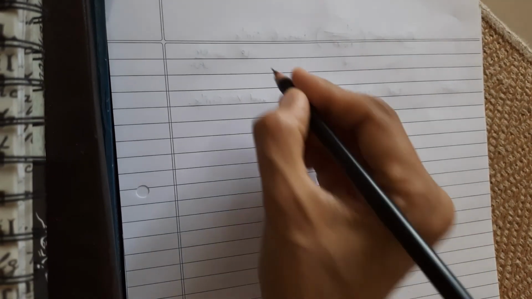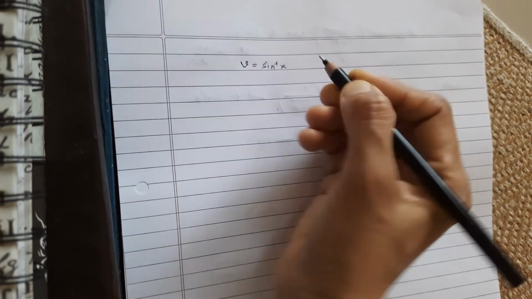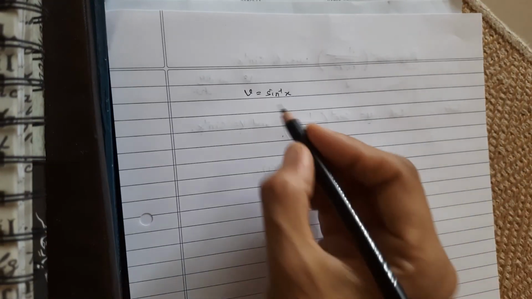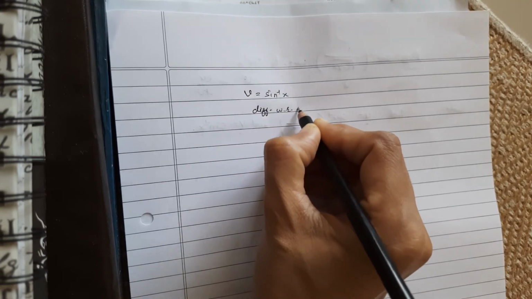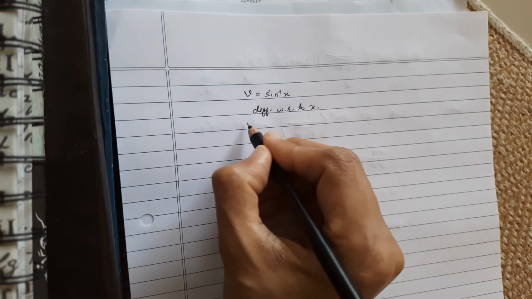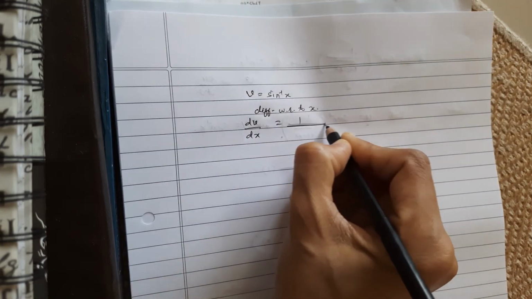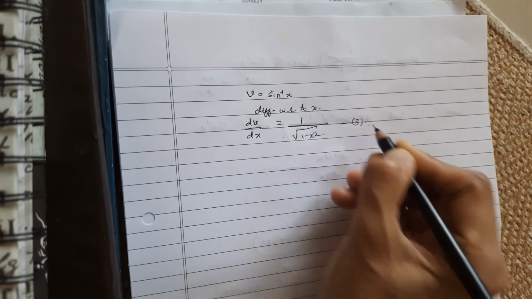Okay, so my v is sine inverse of x, which is already a very simplified, very simple form. So now differentiate with respect to x. I get dv by dx equal to 1 upon root 1 minus x square, equation 3.